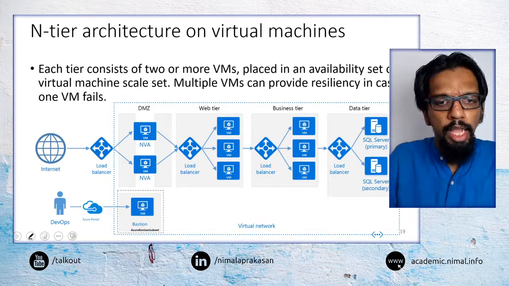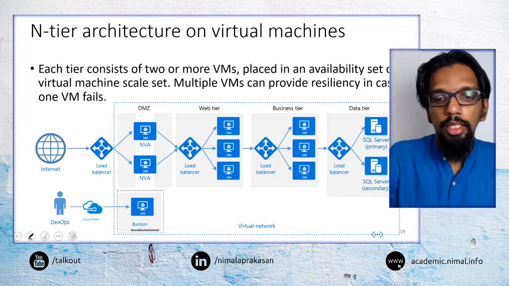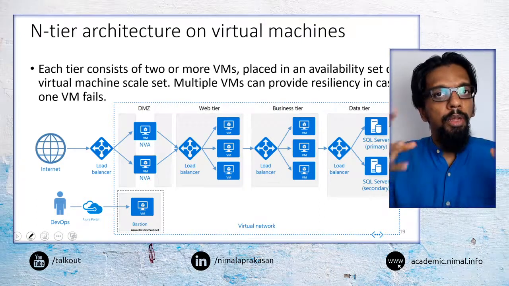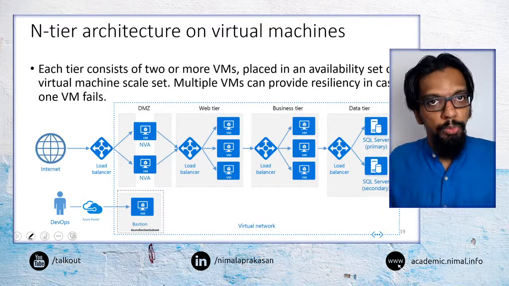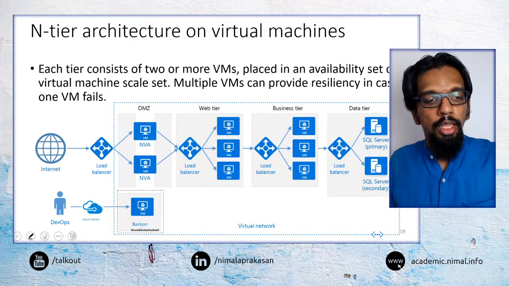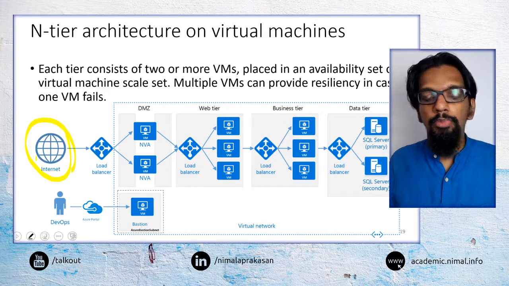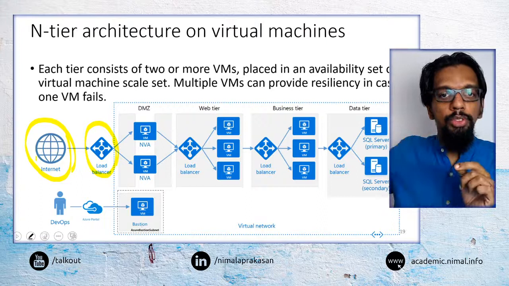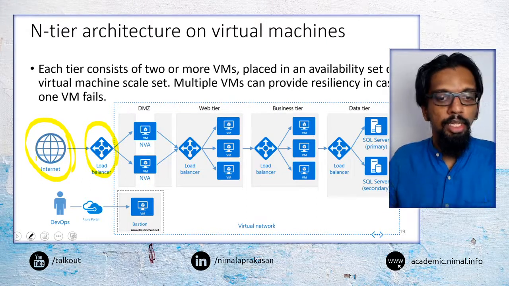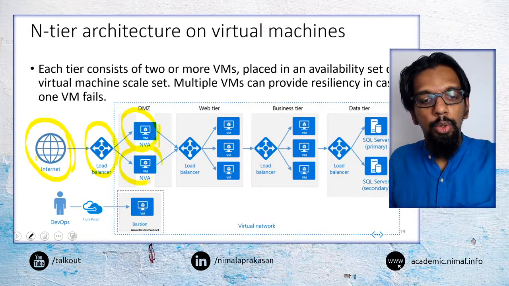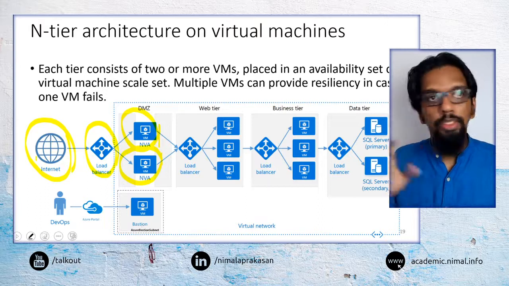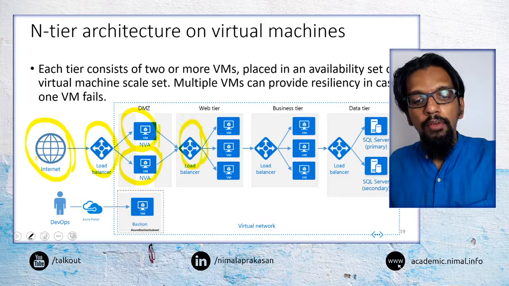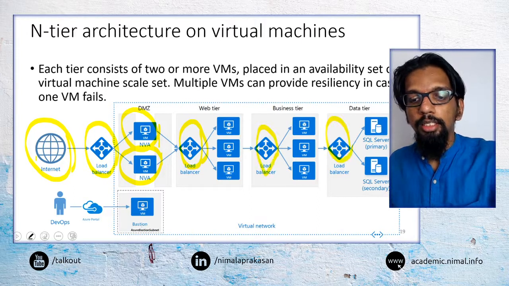So an example that we can see, say if we are thinking about a web application, for example, we may even do this in multiple virtual machines. So the requests are going to come from the internet. Then we have a load balancer service that is going to send requests to different servers. So then that can go to different parts of the different servers. Then we can have additional load balancers at each layer.